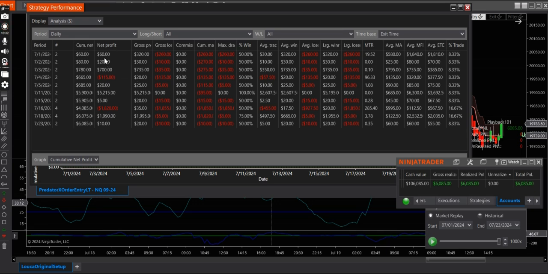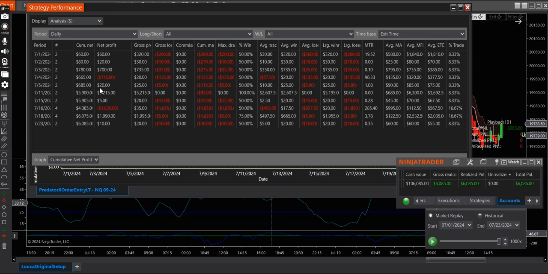You can see I made 20, 700, lost 115 that day, and $20 just for that day. Here I made a whopping 5,200. Next day, only $5. Here I lost 1,800. This kind of negates this loss right here, and then $10 for this day.